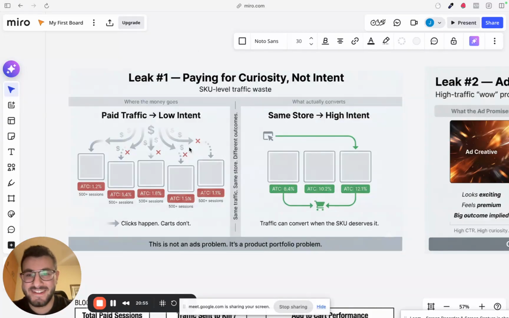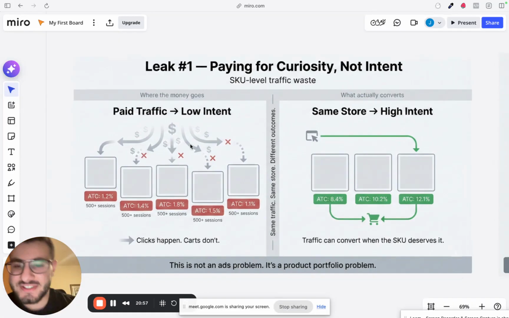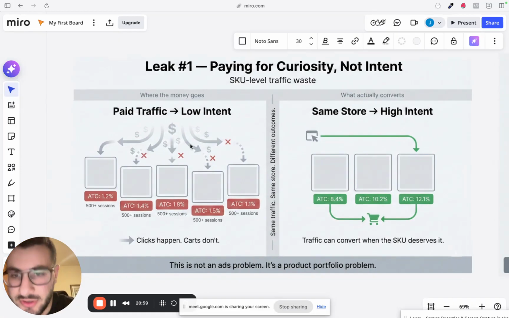Okay, so your first leak basically is you're paying for traffic, but because you have this many SKUs, your issue is you're trying to add and test as many SKUs as possible to find your winning product, right? But this is causing you a problem where you have a lot of SKUs that are high curiosity and low intent.